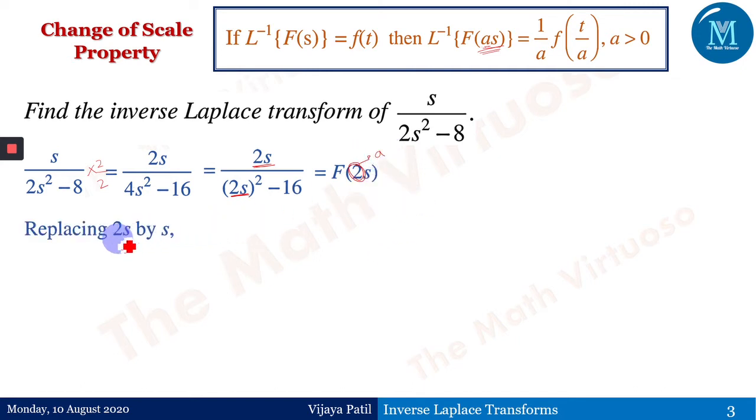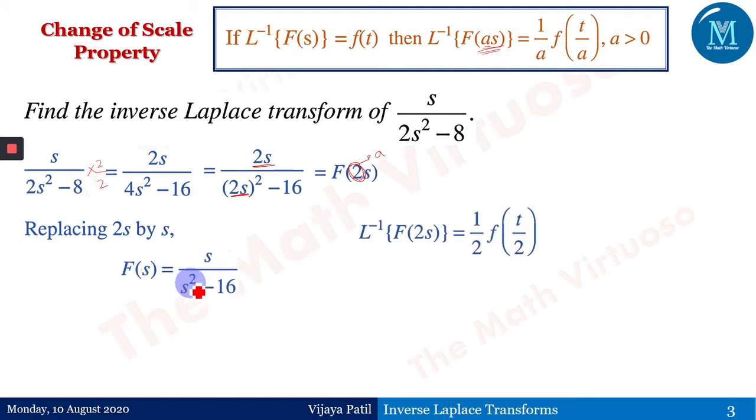Now replacing 2s by s, I will write F(s) as s upon s square minus 16. If I find the Laplace inverse of s upon s square minus 16, it is cos hyperbolic 4t. So my f(t) in the present case is cos hyperbolic 4t, right?